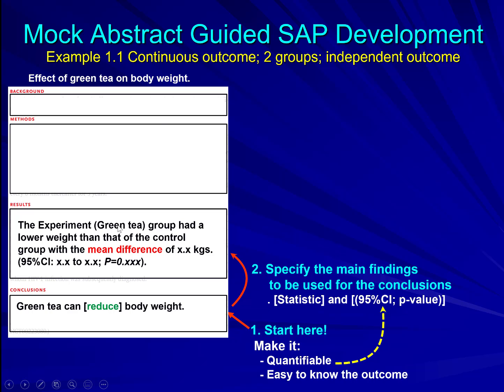Green tea is lower than the control group, and then put the mean difference. I just highlight this because it is the magnitude of effect, and this is how large it is, with the confidence interval and p-value. This format ensures the main findings are presented and comply with this format.